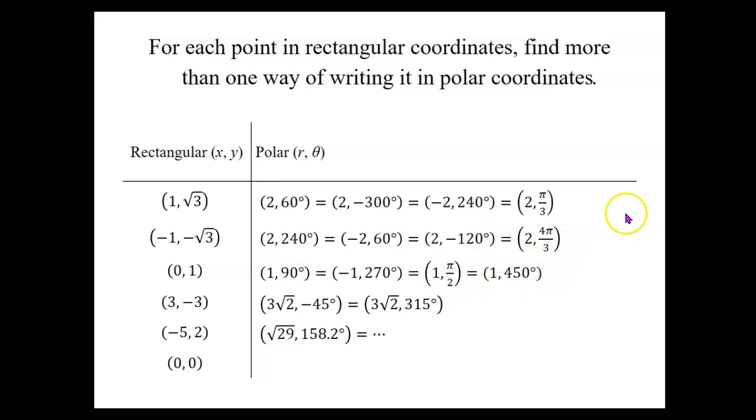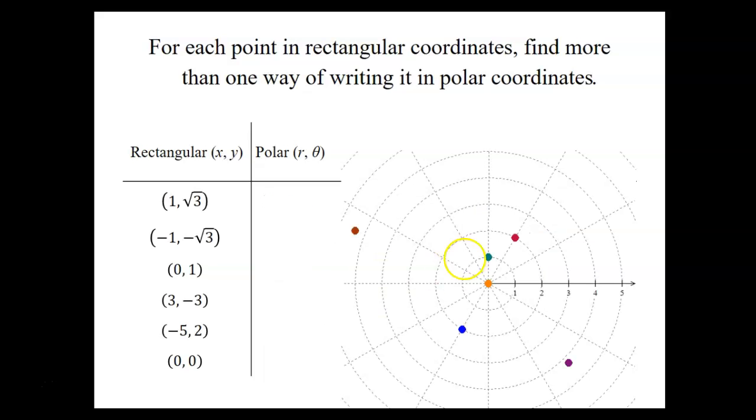We could also add 360 degrees to that, or subtract 360, or if we're in radians, add 2 pi, or subtract 2 pi, or add or subtract any whole number multiple of 2 pi. Or we could say r is -1 and theta is 270 degrees. So that would be like if we were facing straight down, but taking 1 step backwards.